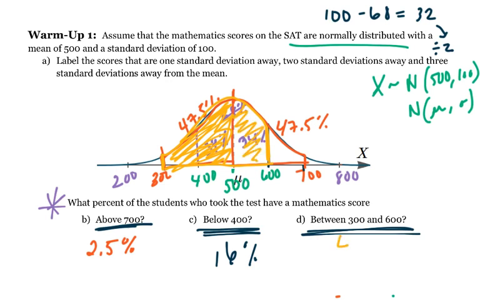So I would take those two pieces, 47.5%, and add it with the 34%, which gives me, I'm going to add it by hand. We have a calculator, so we can use it, but I'm just going to do that by hand. That gives us 81.5% of the scores lie between 300 and 600.